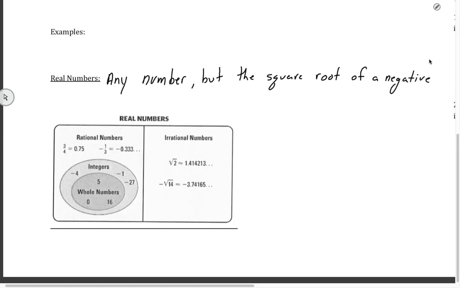So as long as we're not taking the square root of a negative number, it's real. So this is any number you could think of in the world. These are numbers that we can actually attain. Like pi is the ratio of the circumference to the diameter. It's something we deal with in the real world. Like I could actually get that answer and physically put my hands on pi.